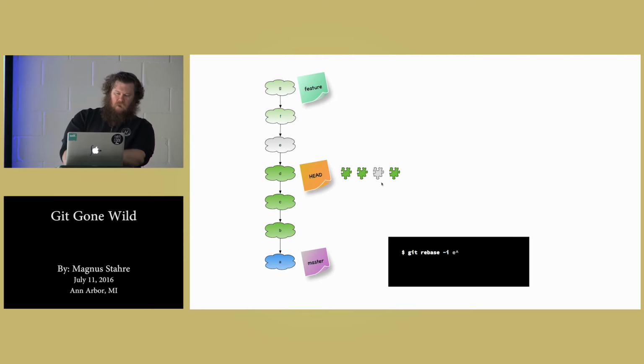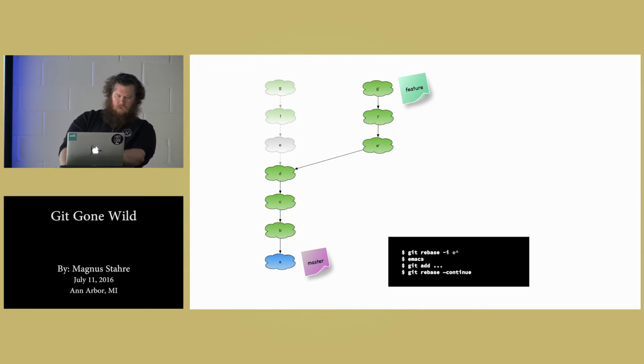So what Git will do at this point, it will temporarily make your head be detached at this point and let you commit an update to this, such that you can change it and no one has to know you put in a bad word.